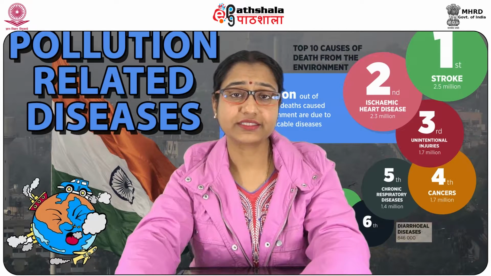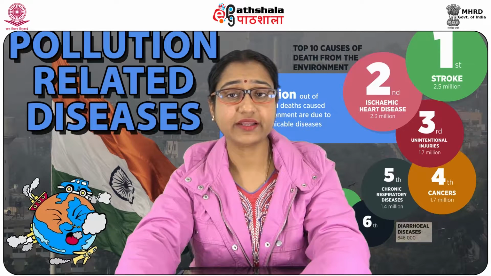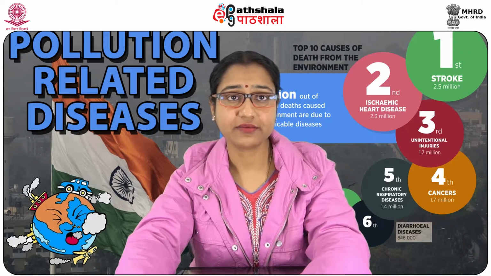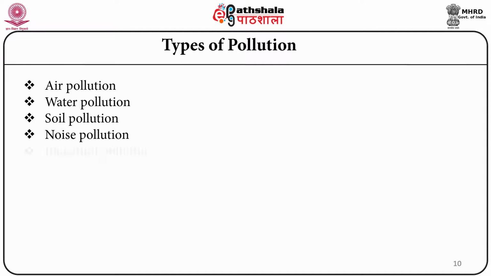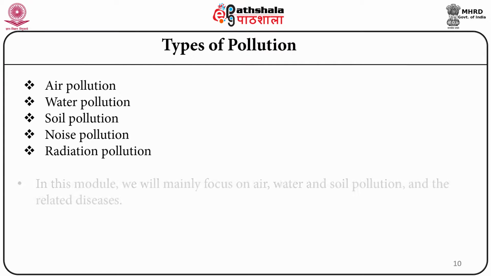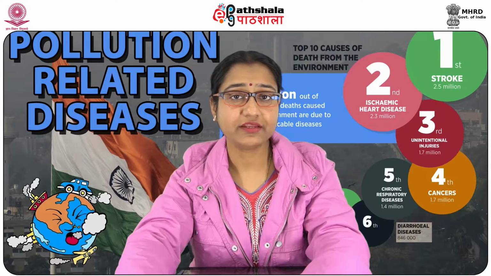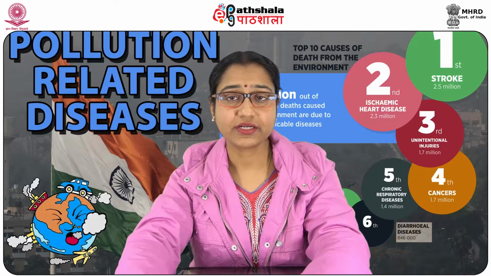These contaminants can have direct effects on entire ecosystems, making life more difficult for humans, particularly children and the elderly, plants and animals. What are the types of pollution? Pollution can be air pollution, water pollution, soil pollution, noise pollution, and radiation pollution. In this module, we will mainly focus on air, water, and soil pollution and the related diseases.